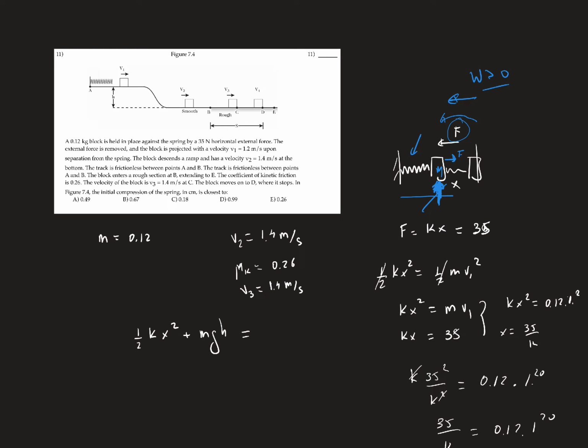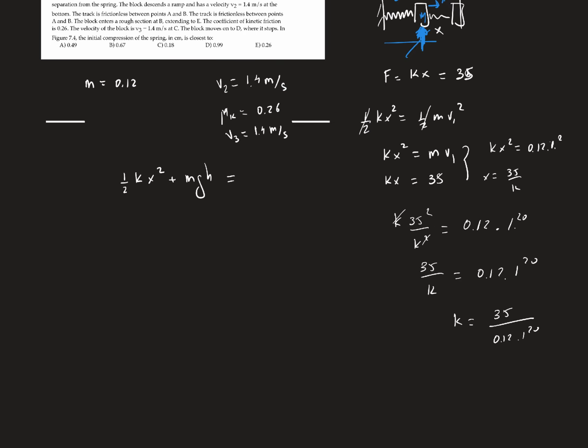So the work done by the spring in stretching from the compression to this point, I can find by applying conservation of energy if you want. Let's do it with conservation of energy. I have the spring here, compressed.